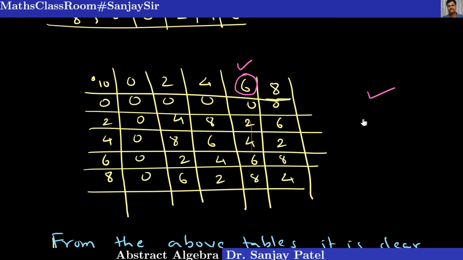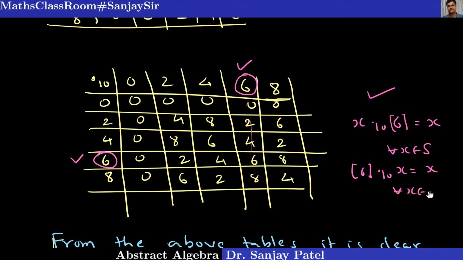That means x dot 10 into class 6 is equal to x for every x belongs to the set S. The same way, if you fix 6 in this row, you must get the copy of the title row, that is 0 to 0, 2 to 2, 4 to 4, 6 to 6. So yes, class 6 dot 10 into x is also equal to x for every x belongs to S.